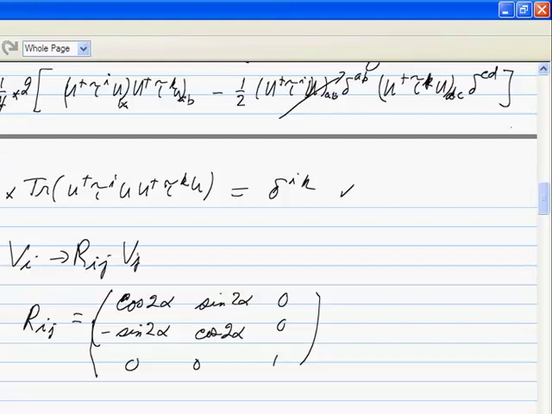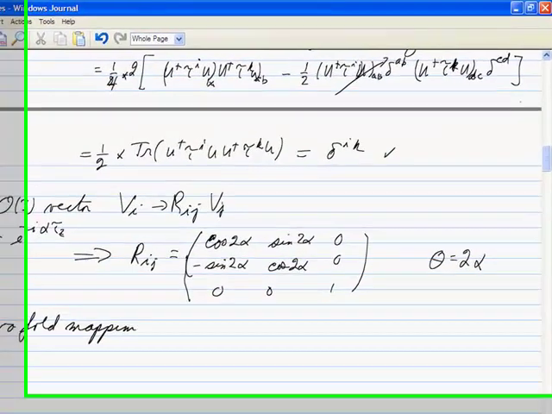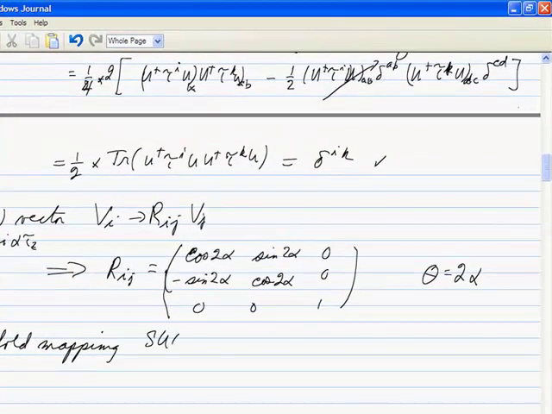So it tells you that rotating U by an angle alpha rotates R by an angle theta, which is 2 alpha. So there's a twofold mapping of SU2 onto O3.